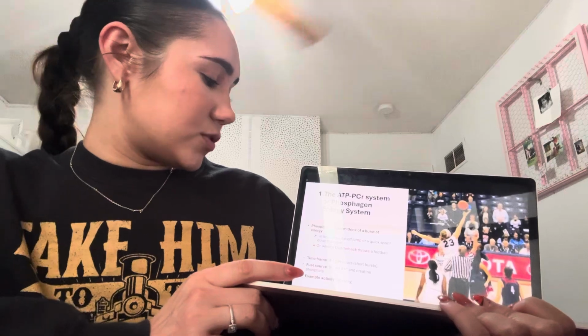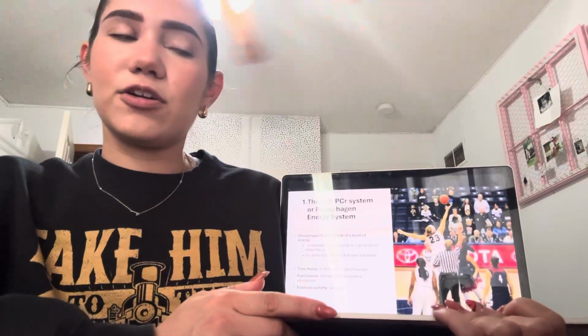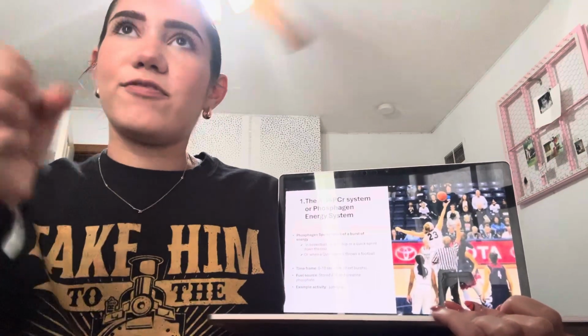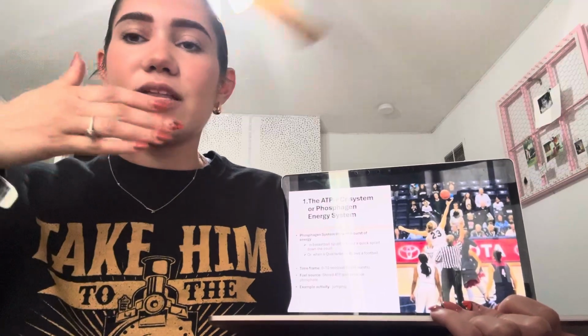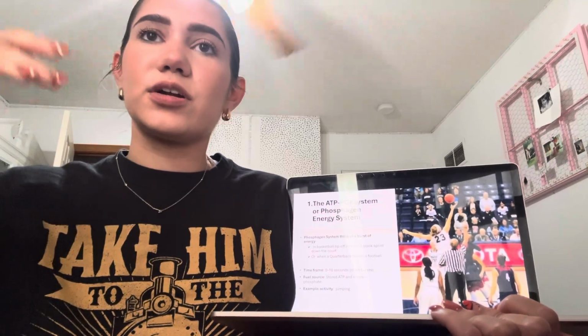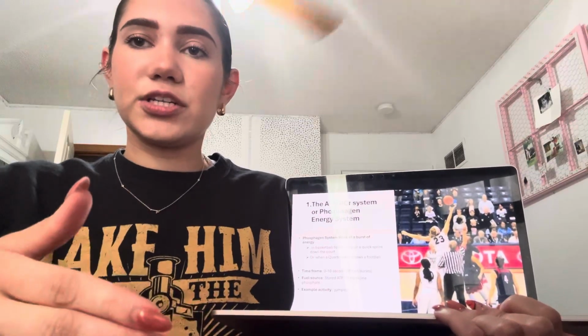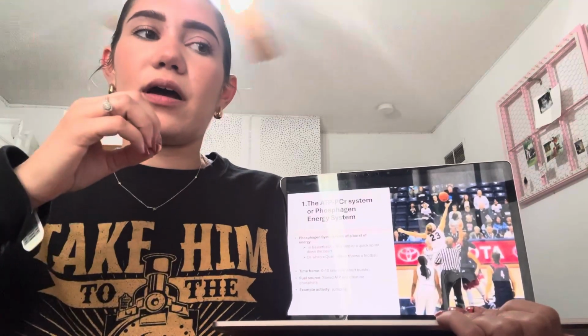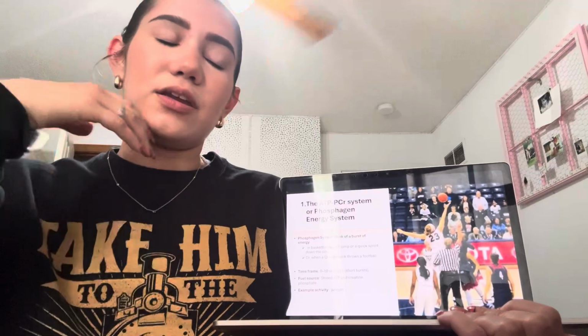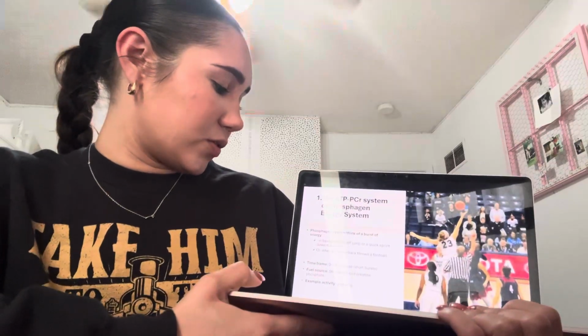The main fuel source is ATP and creatine. Whenever you're working out or just starting to work out, this is what gives you energy first, and what taps into that ATP storage first.